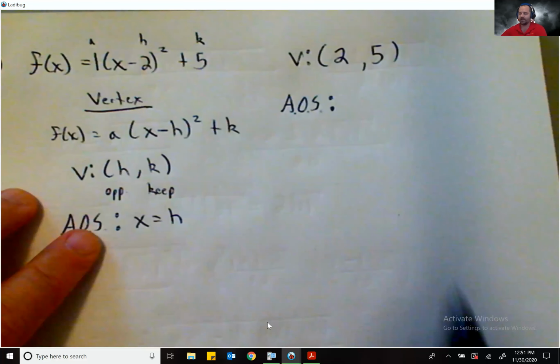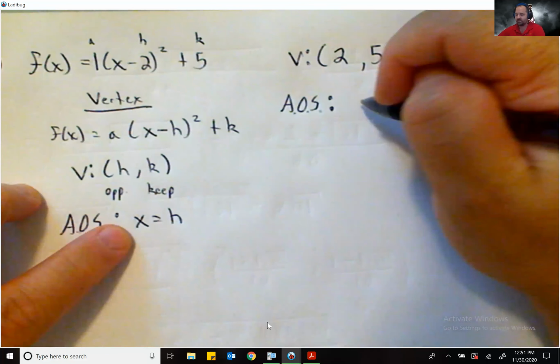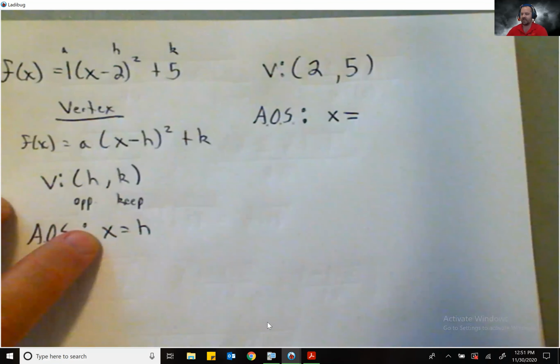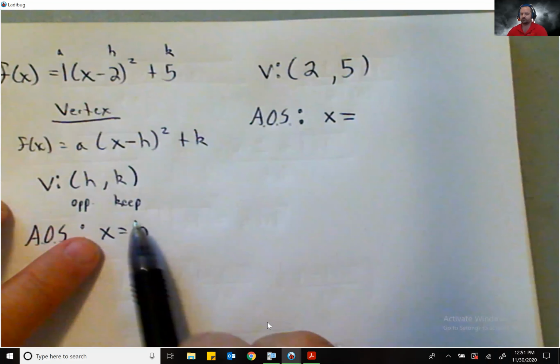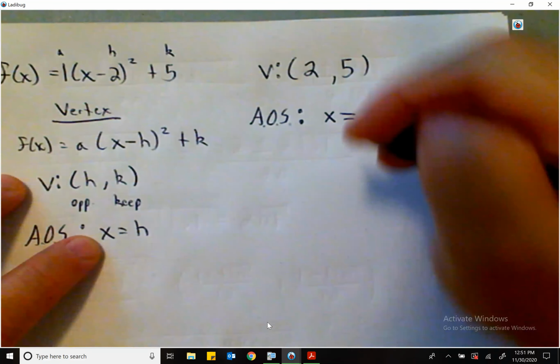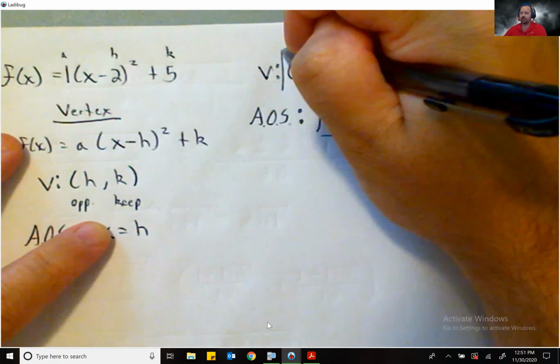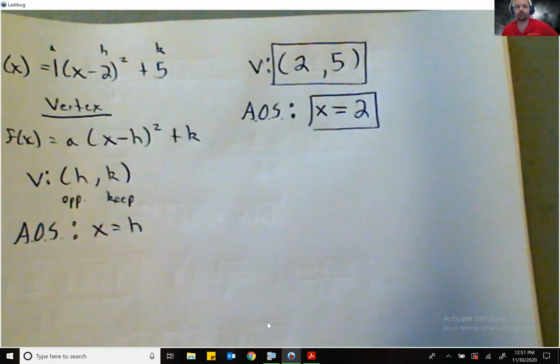So our AOS is x equals, what was the x value? What was the h? 2. There you go. There's the vertex. There's the axis of symmetry.